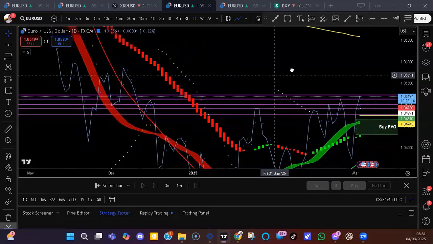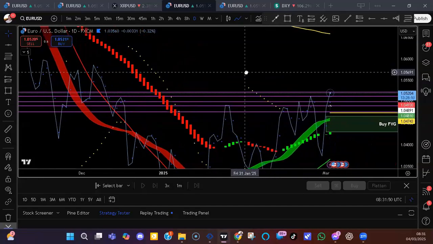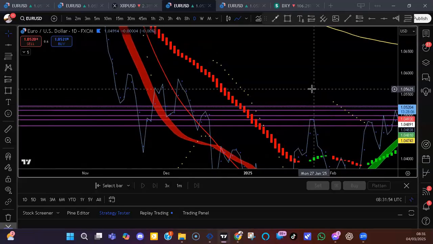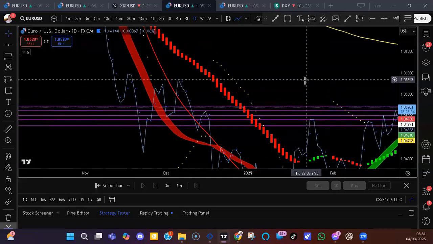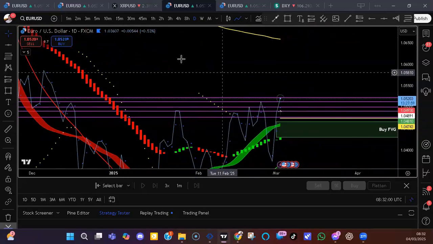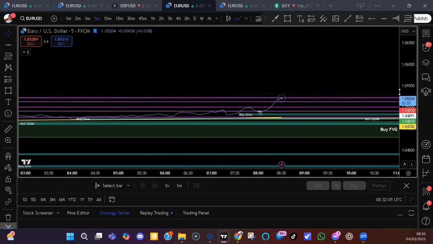And the euro is responding to the weak dollar. So we could see the euro indeed climbing.